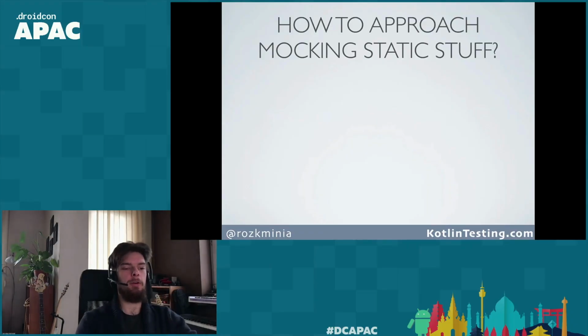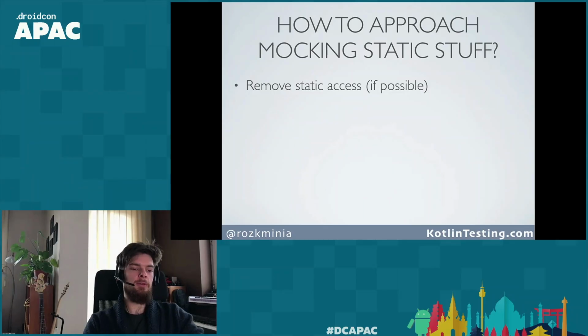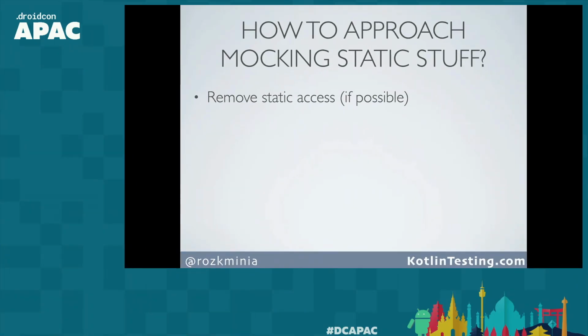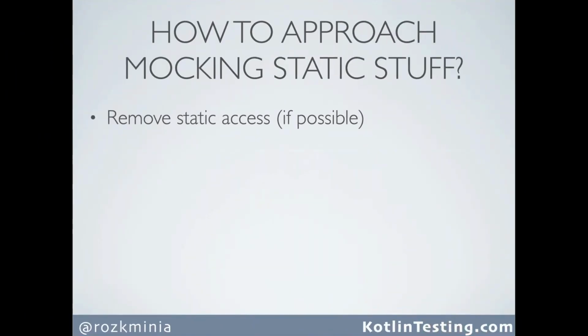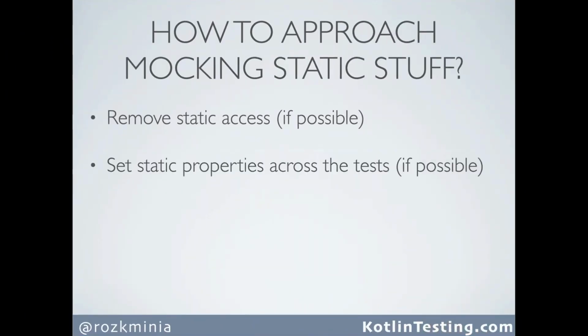So how can we approach testing static things? If you can remove the static keyword and then rewrite that particular piece of code, that's great, just do it. And if that's not possible, and you must depend on that static access in your unit test, try to at least create a provider or a little abstraction for that.